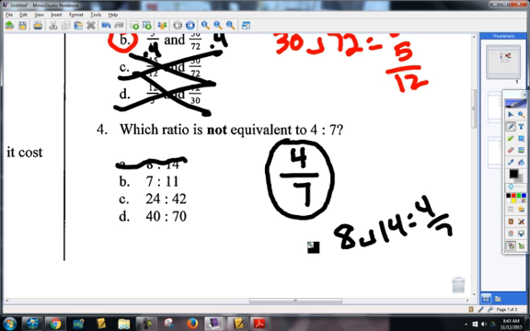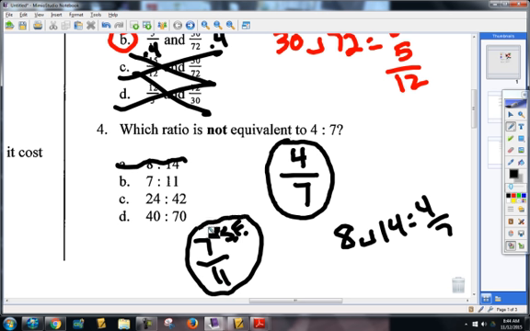That's gone. Okay, 7 to 11. I know that's already in simplest form. So right away, I'm pretty sure that this one is the not equivalent one, right? But you always want to make sure, remember, find the 3 wrongs. So 24 ABC 42 is going to give me 4 to 7. 40 ABC 70 is going to give me 4 to 7. So I eliminated C and D, and then got letter B.